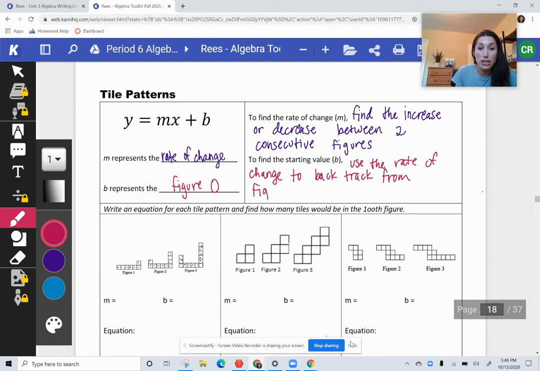I'm sorry, we're going to backtrack from figure 1 to figure 0. And we'll go over a few examples of what that actually means in just a moment.